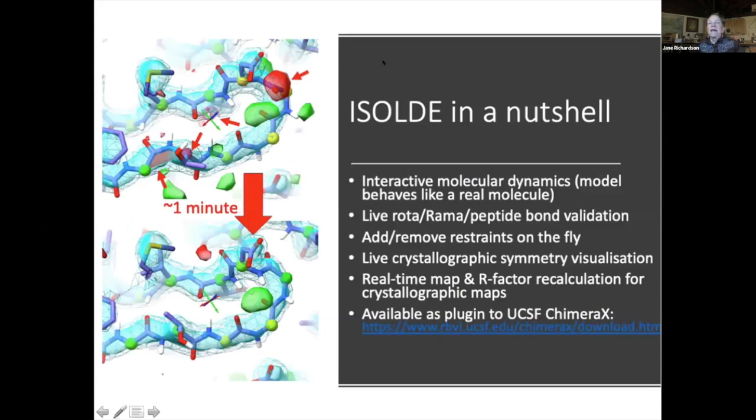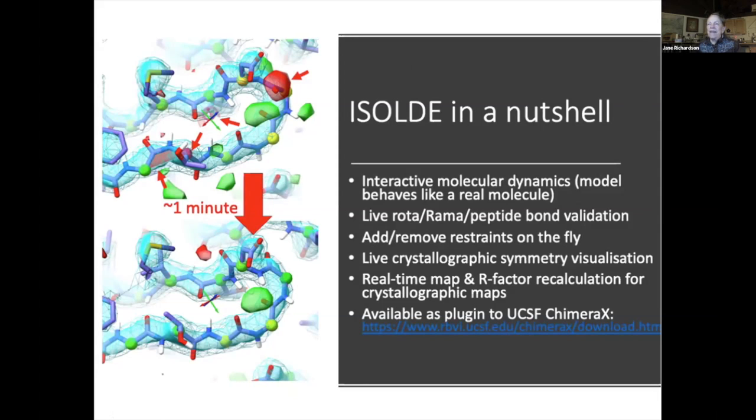Then another tool that's closely connected with Phenix is Isolde from Tristan Kroll in Randy Read's lab, and very closely connected to ChimeraX. He's finally made a tool that does what Dave and I had wanted to do for many decades.